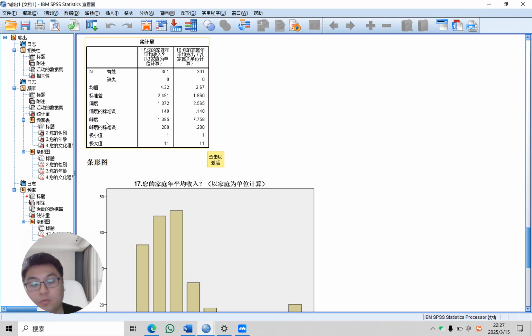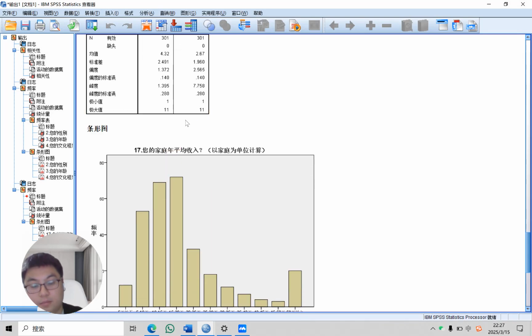Because all skewness and kurtosis are really small, it can be said that it conforms to a normal distribution.